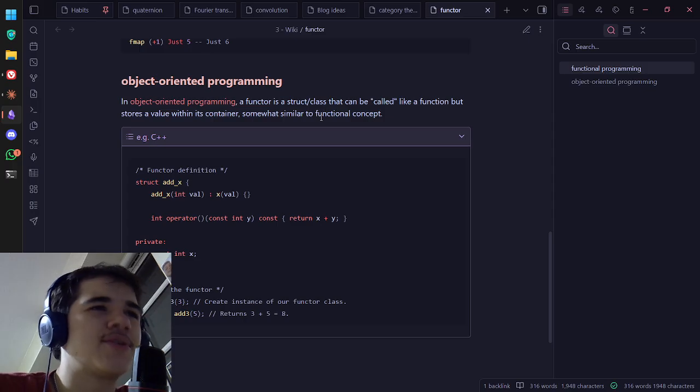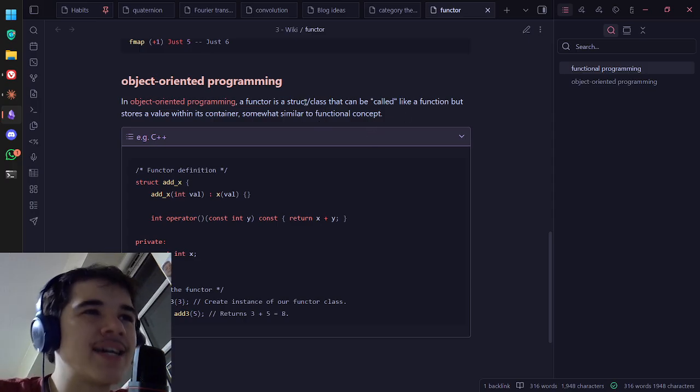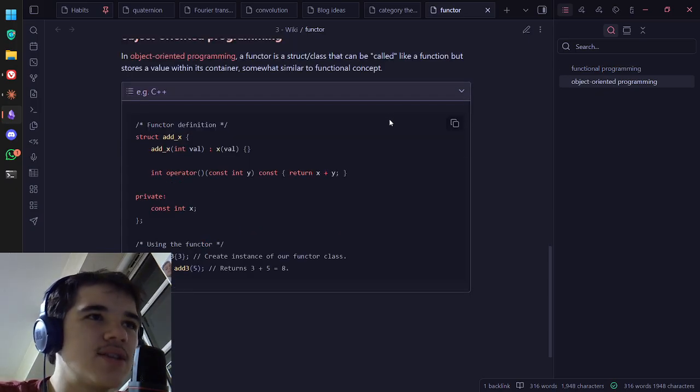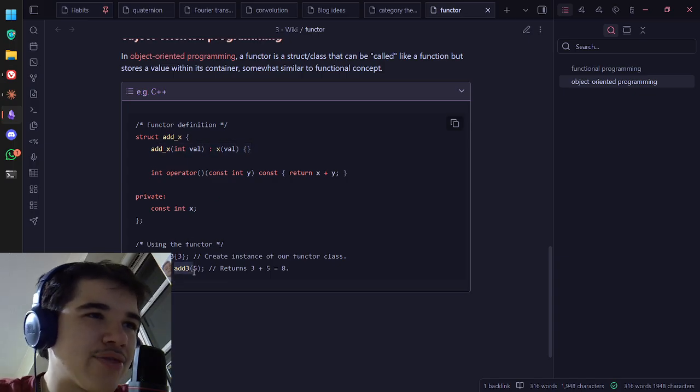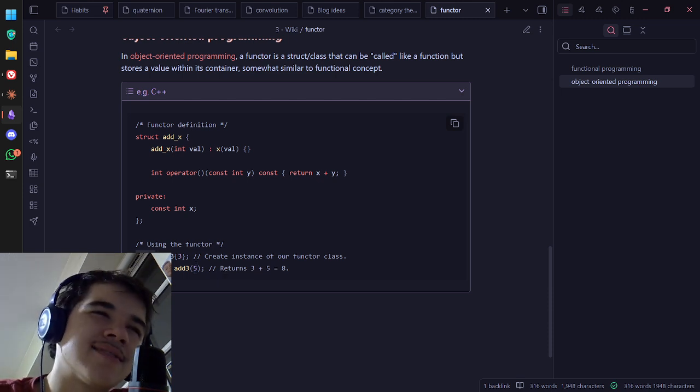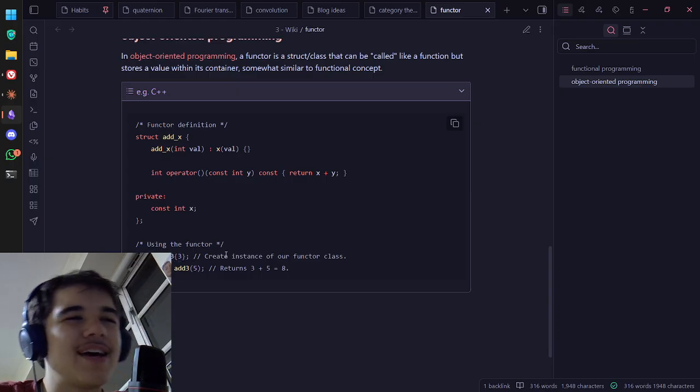there's also functors in object-oriented programming, which is really strange, and it's defined as a struct or class that can be called like a function, but stores a value within its container. So it's somewhat similar, but if we take add 3 and then pass it to 5, because we implemented this add x, we can define a thing.